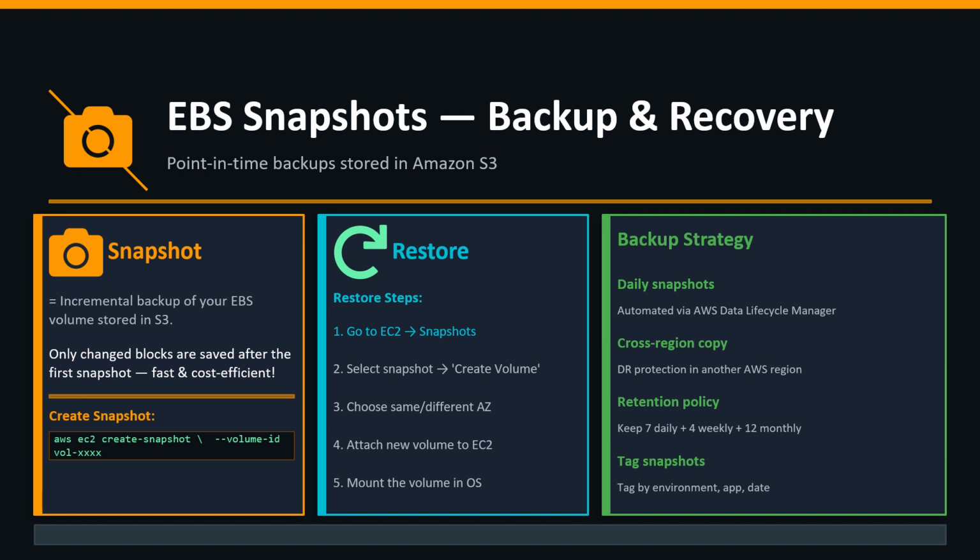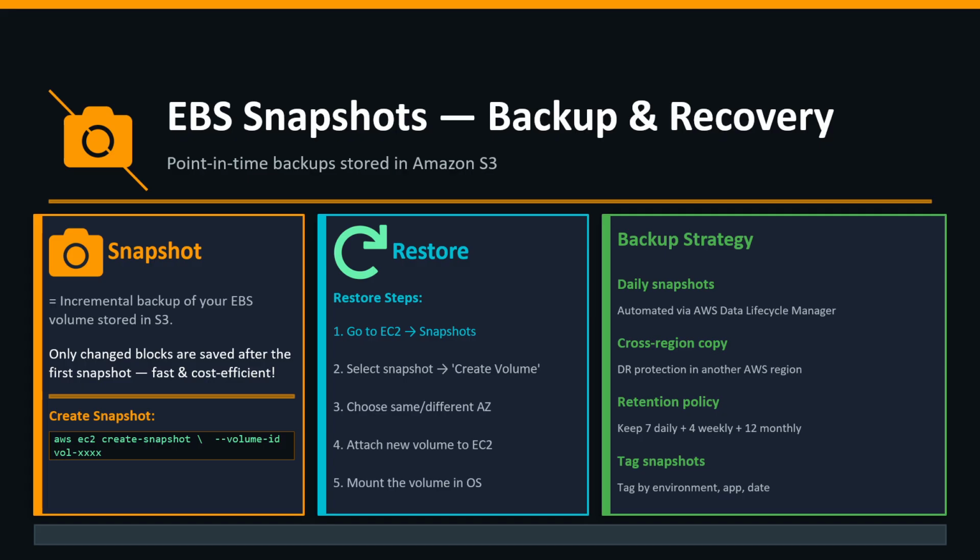Actually what happens when we take a snapshot of our EBS volume is that it takes an incremental backup. Suppose we take the first snapshot, it is stored in an S3 bucket, but we cannot see it in our S3 bucket, it's stored internally. When we take the second snapshot, it saves only the changed things.